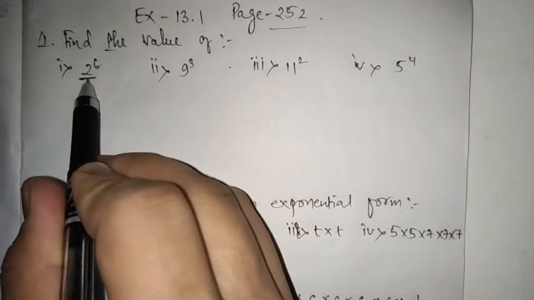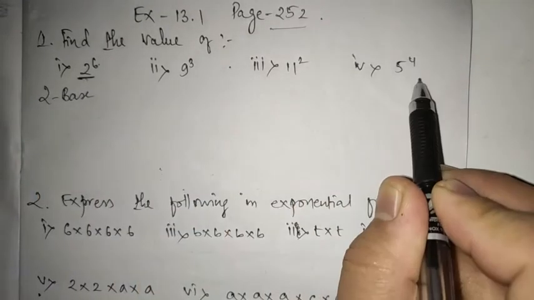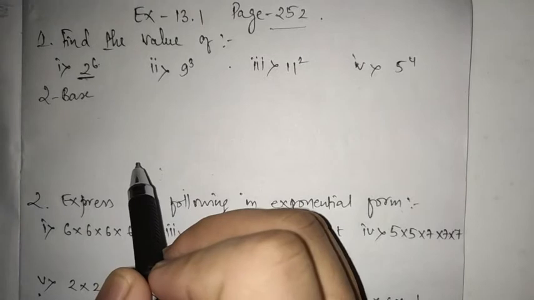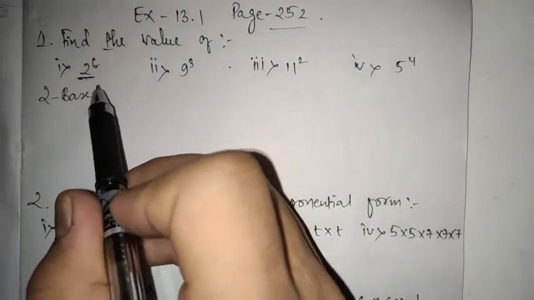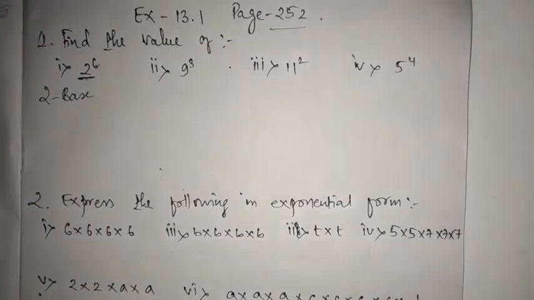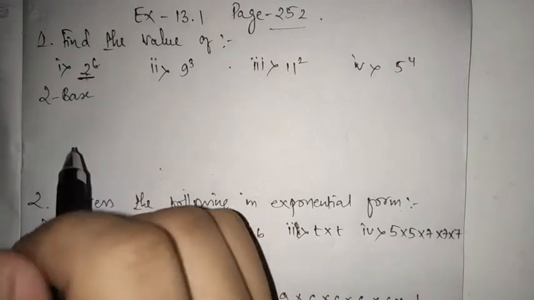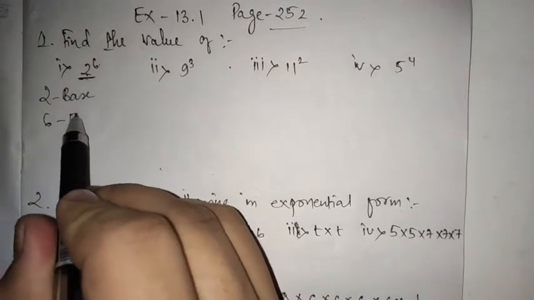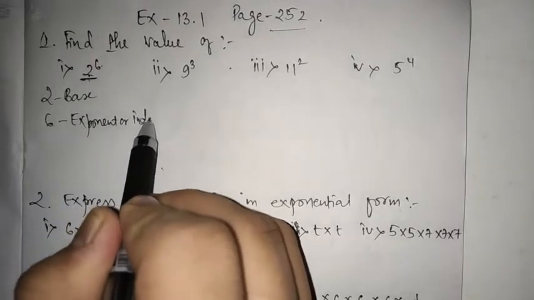What is this 2? 2 is your base. I'm not going to write from the next line, I will just directly solve it. Here 2 is the base and 6 is the exponent or index.